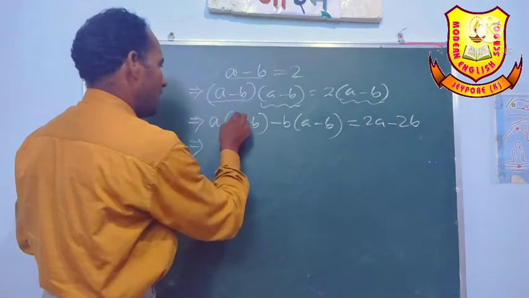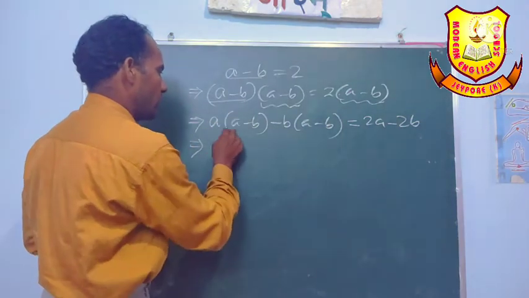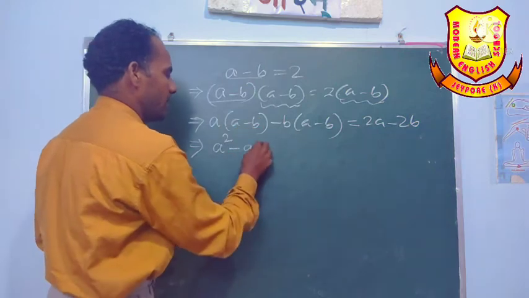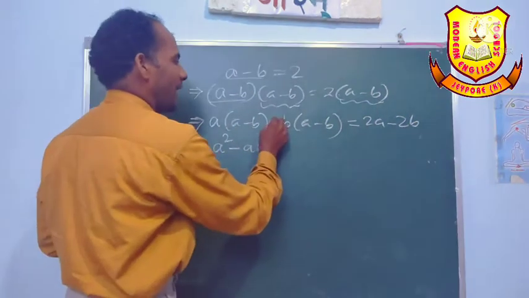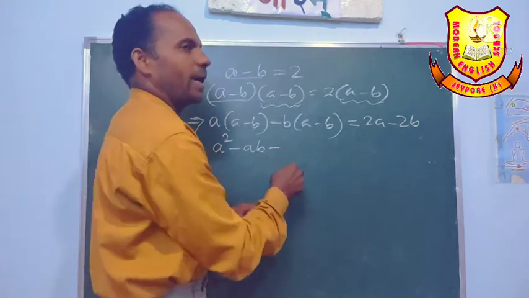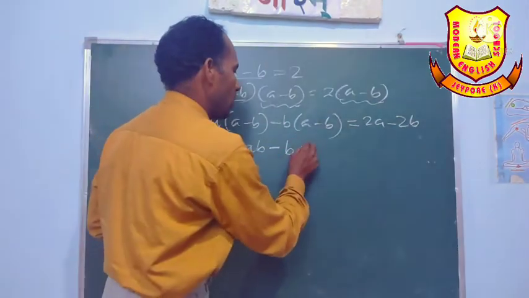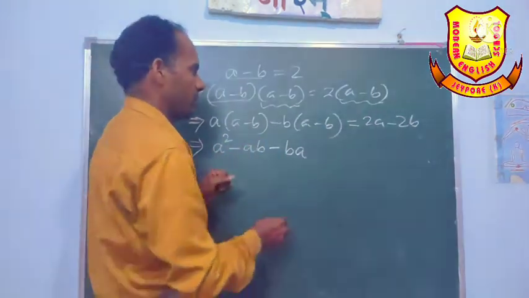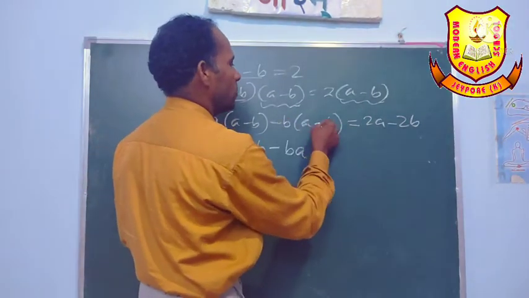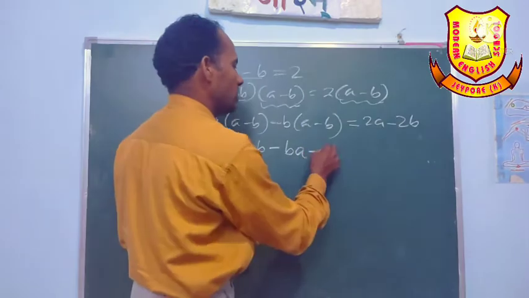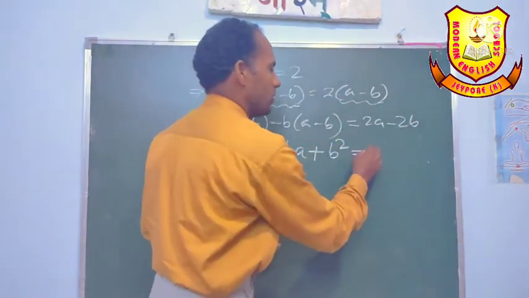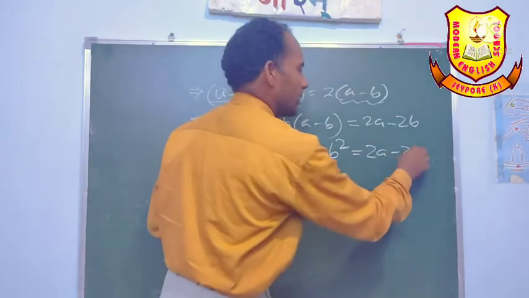Again, a into a equals a square, a into minus b is minus ab, minus b into a is also minus ba, or we can say minus ab according to the commutative law. Then minus b into minus b, minus into minus is plus, b square. That is equal to 2a minus 2b.